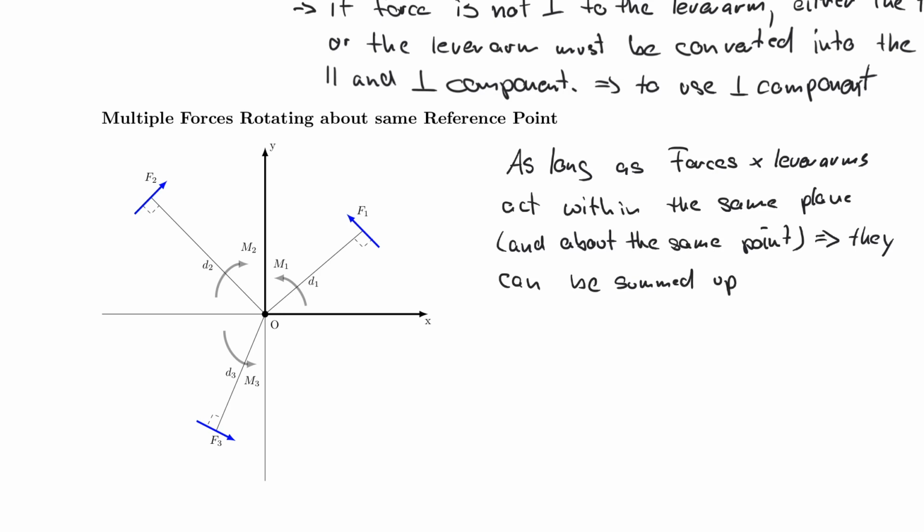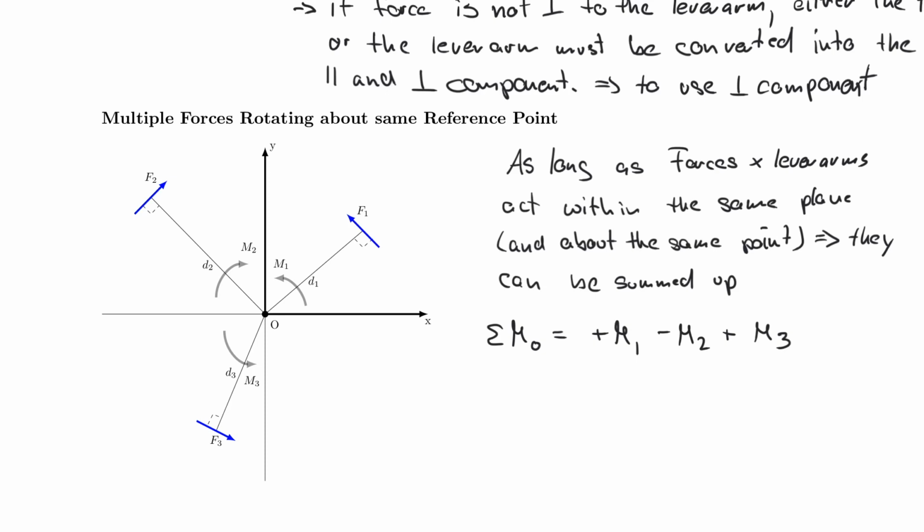So what does that mean? An engineer would say the sum of the moments about point O is equal to, and let's take a look at these circles here first, or the portion of the circle. So M1, M2, and M3. The way I would write this is plus M1, right? Because it's counterclockwise, minus M2, because it's clockwise, and plus M3.